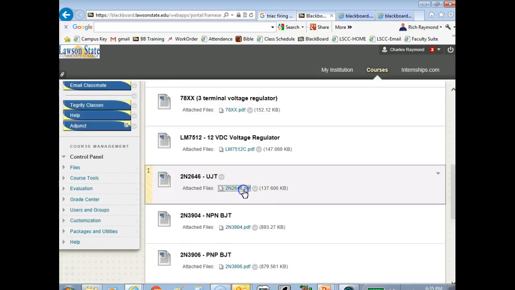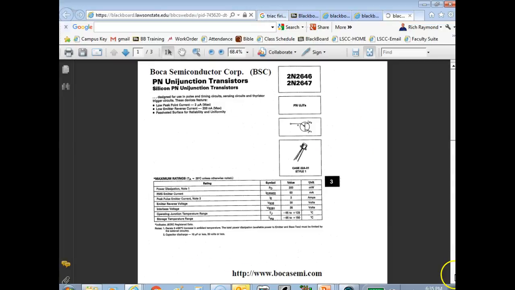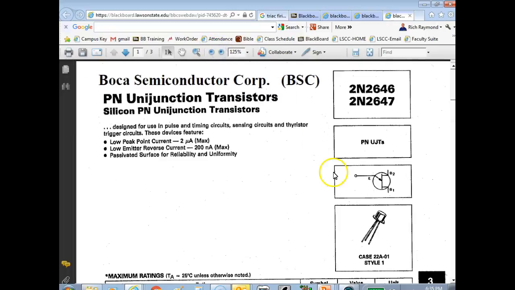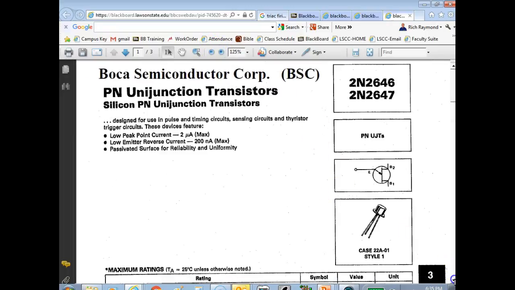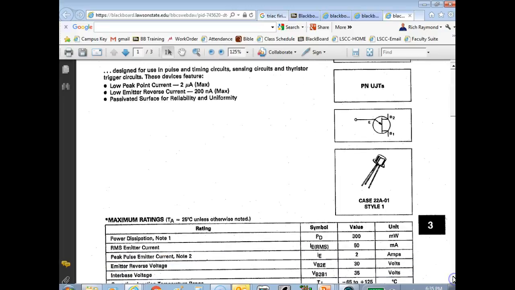So here's a UJT. So there's the symbols. Since this is the emitter, they refer to this as E.